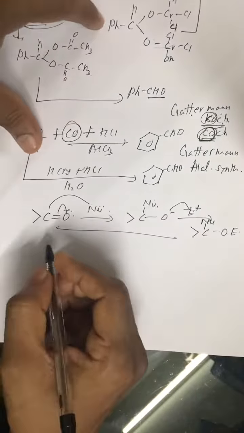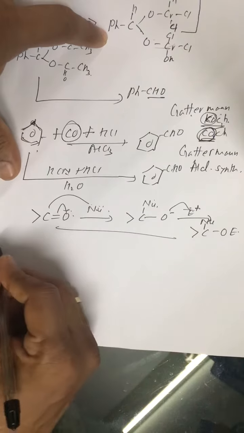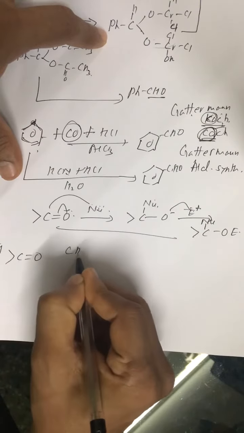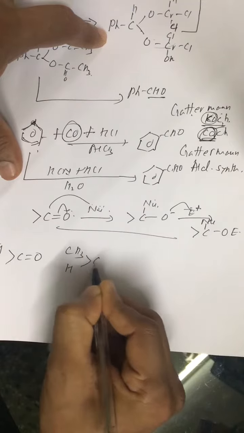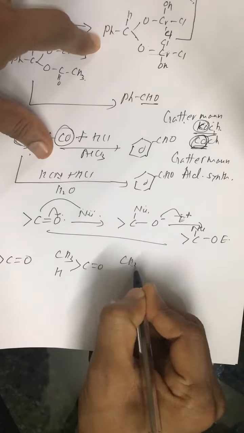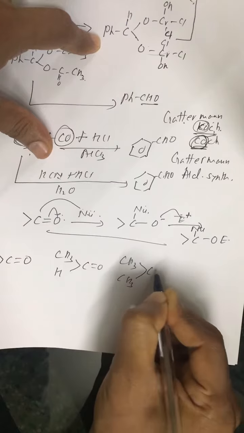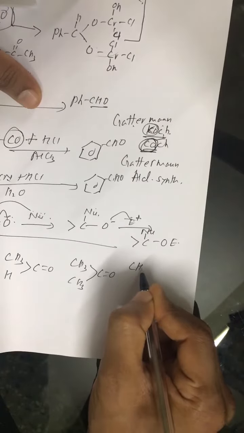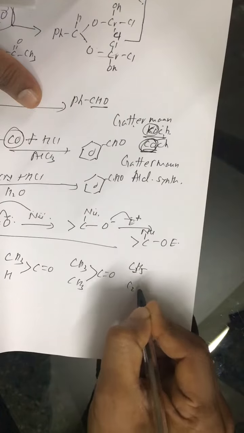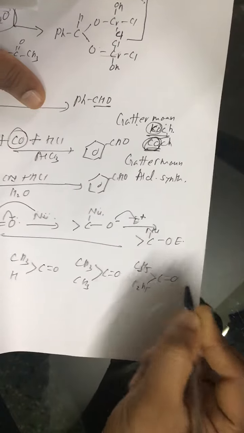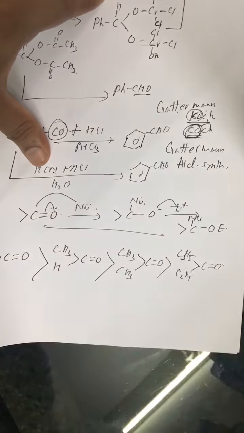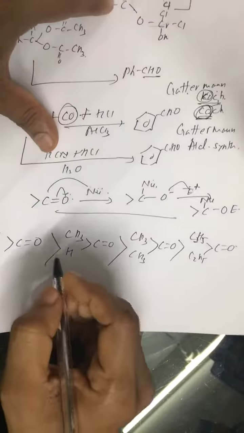So towards nucleophilic addition, if the reactivity order is asked, like methanal, we have ethanal, or we have propanone etc., or we further increase the branching of the alkyl groups, we can say this is the order of reactivity towards nucleophilic addition reaction.